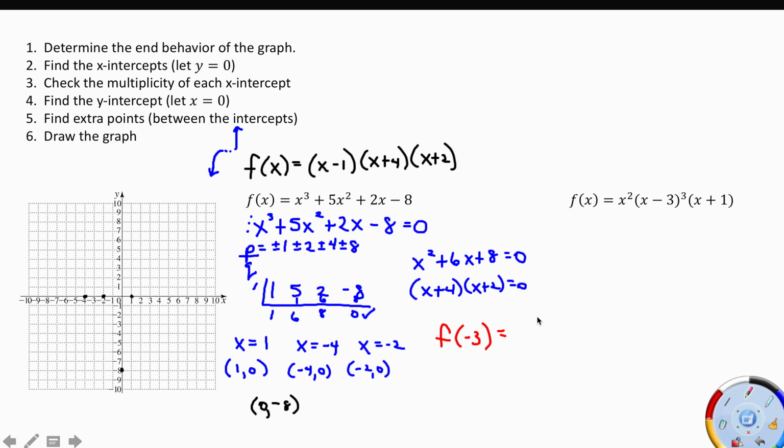That's why I wanted to see that factored. -3 minus 1 is -4. -3 plus 4 is 1, and -3 plus 2 is -1. So that gives me a +4, meaning I also have the point -3, +4.